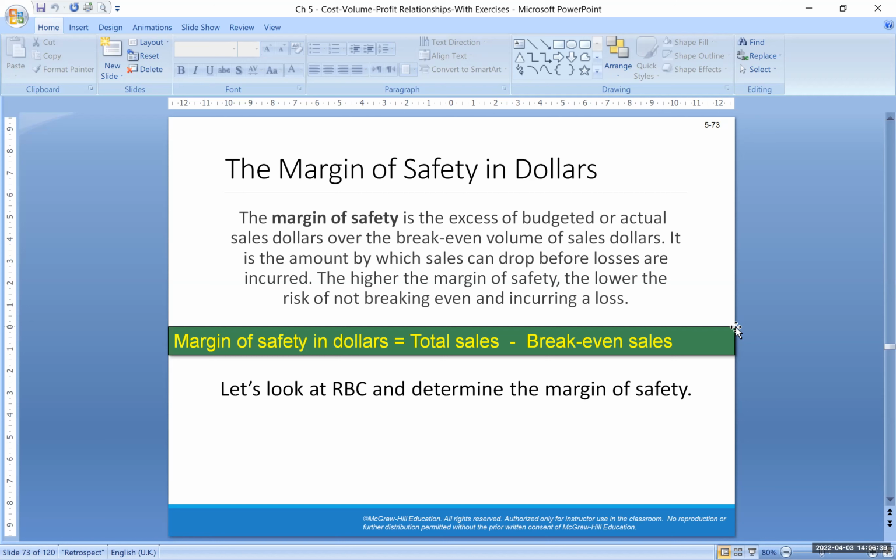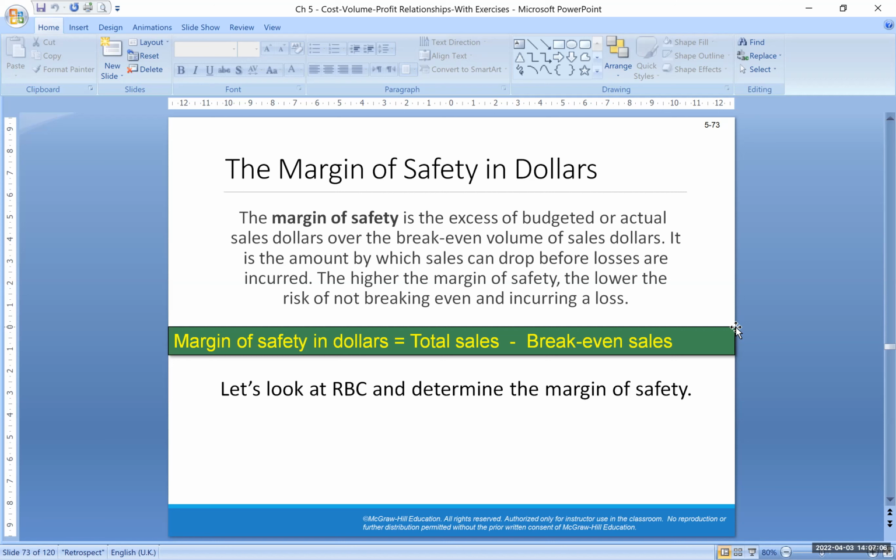If you imagine the graph again, the margin of safety is the excess of budgeted or actual sales dollars over the break-even volume of sales dollars. So I'm talking about the y-axis, which represents the sales. The difference between actual sales and the break-even sales is called the margin of safety.